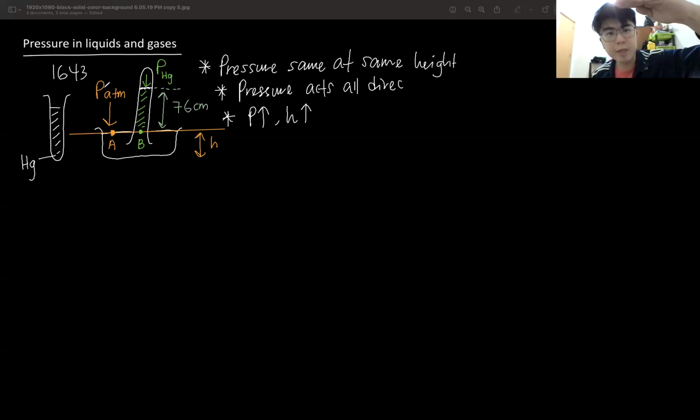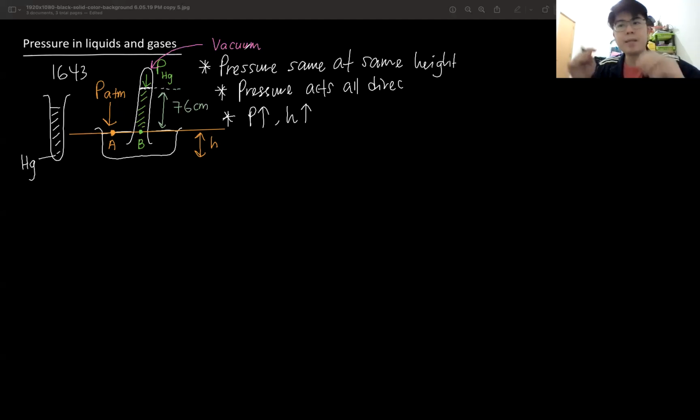And on top of the mercury, there's a vacuum here. This very small, tiny space is a vacuum. There's no air inside, so that means he removed the air. If there's no air, there's no pressure. So all the pressure acting on point B is from the mercury, and at point A, all is from the atmosphere.